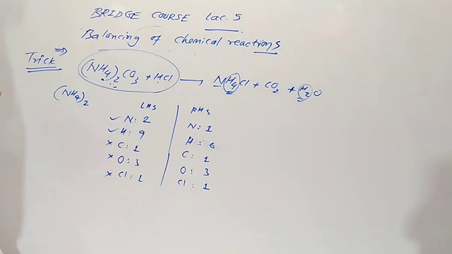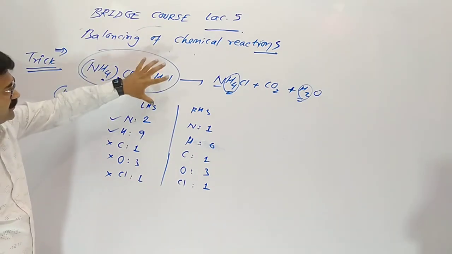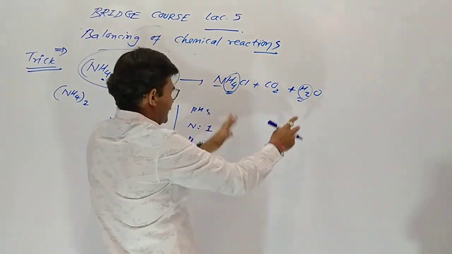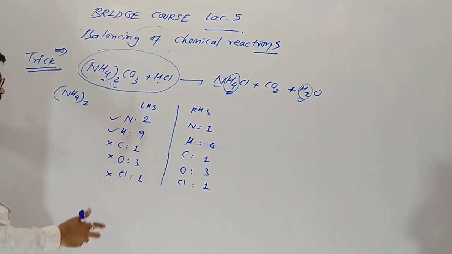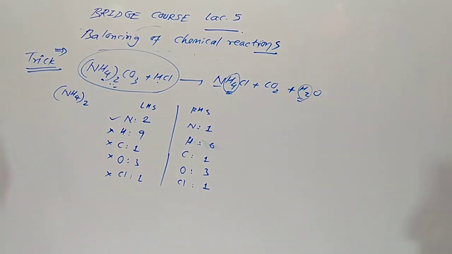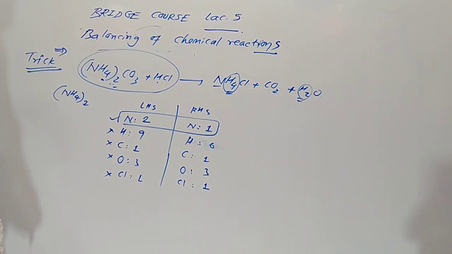Here hydrogen is present in different compounds on the left hand side, and here also hydrogen comes in different compounds on the right hand side. So don't start with hydrogen. Now we have one choice, so we have to start with nitrogen.